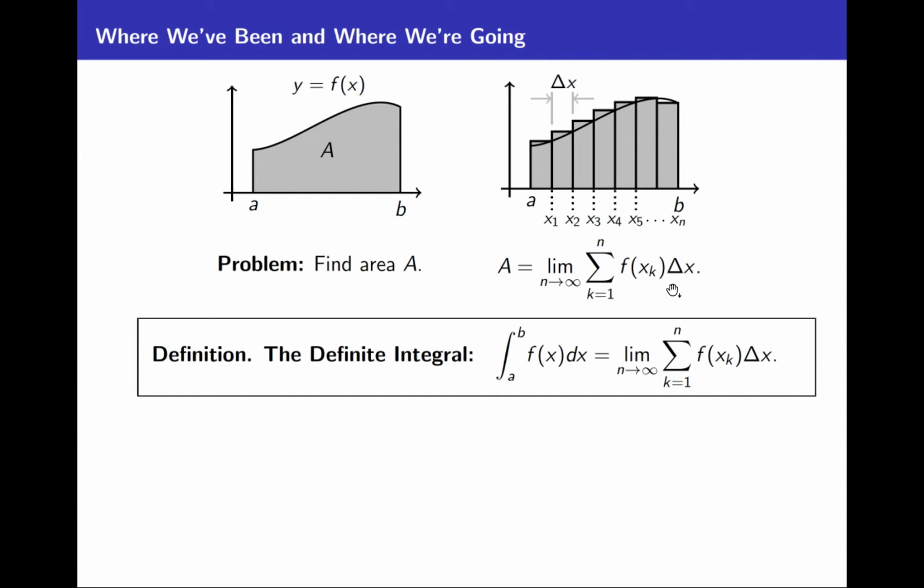And in the end, that doesn't necessarily equal area. It only equals area if the graph of y equals f of x is always above the x-axis. But nevertheless, we defined the definite integral to be this number. It's the value of this limit. So the definite integral is a number that equals this limit.